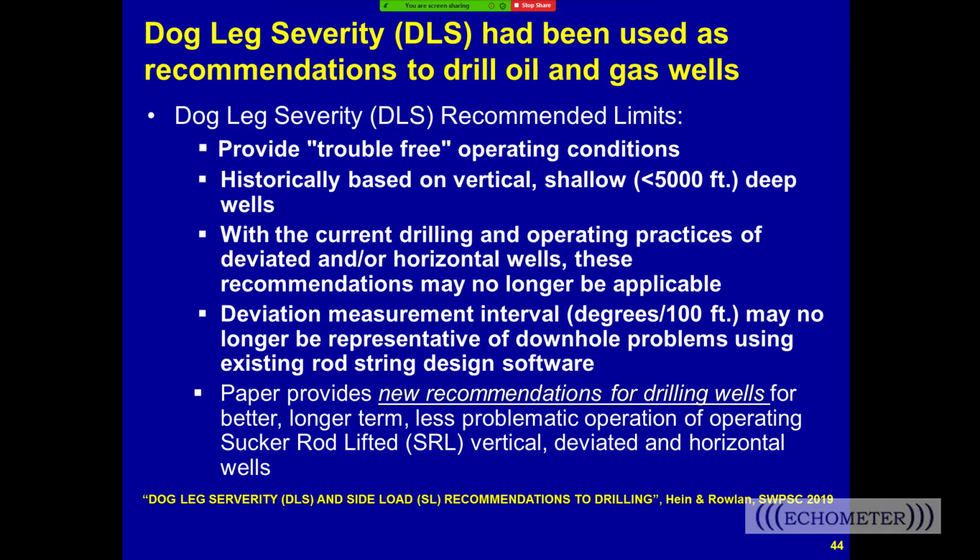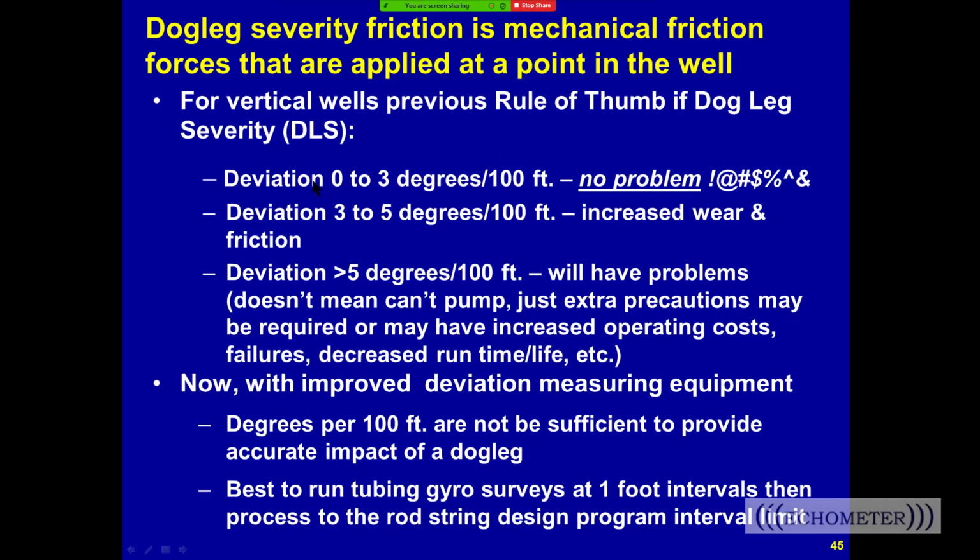And we've added some new recommendations in this paper based on some of the data that we've seen. And so the old rule of thumb was that from 0 to 3 there was no problem. Well, that's not true. That's a bunch of cussing and hollering right there. It said, the old rule said from 3 to 5 you have increased wear and friction, and then for greater than 5 degrees you'll have problems.